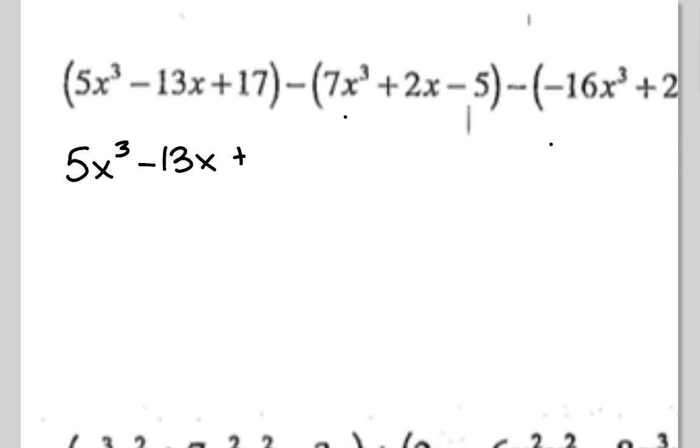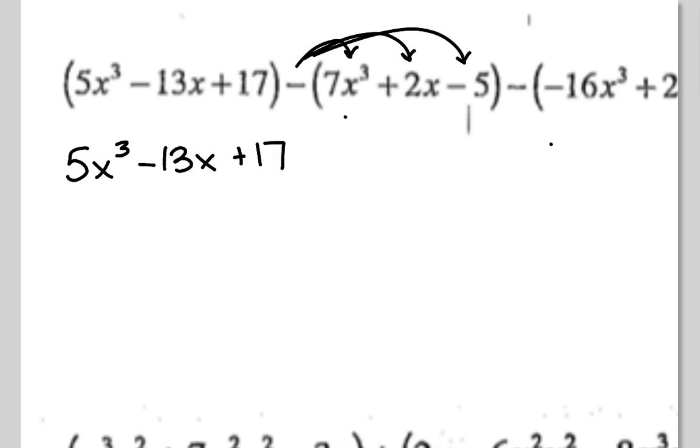If you want a surefire way to always make this work for yourself, you have to think about this negative, changing the sign of each one of those terms, because what's happening is you're subtracting all of that. You have to subtract that whole bracket.